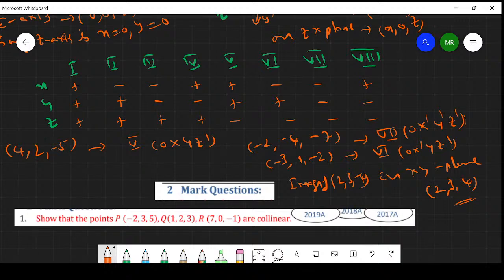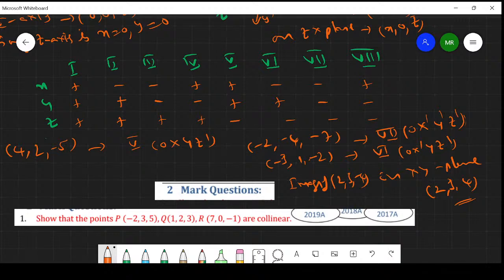Sometimes they will ask the distance of a point, like from P to the xy plane, the perpendicular distance. They will ask this simple question for 1 mark.